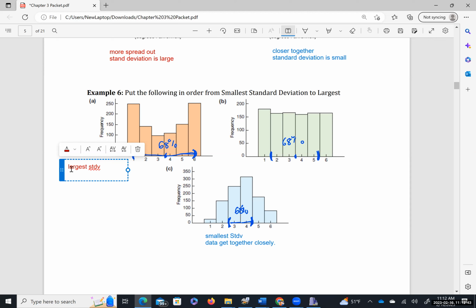And then the second, I would say the data is spread out. Okay. All right. So using the arrows, smallest to largest. Fine. All right.